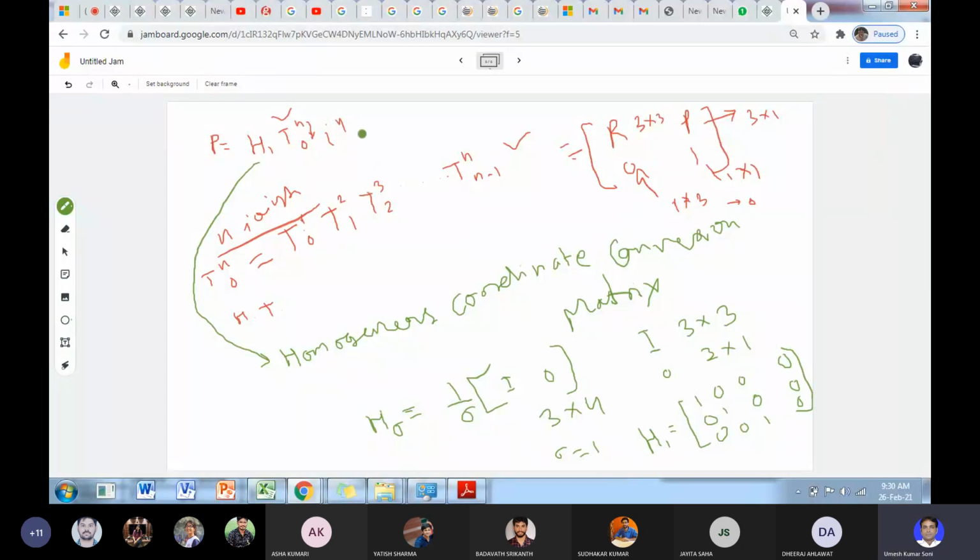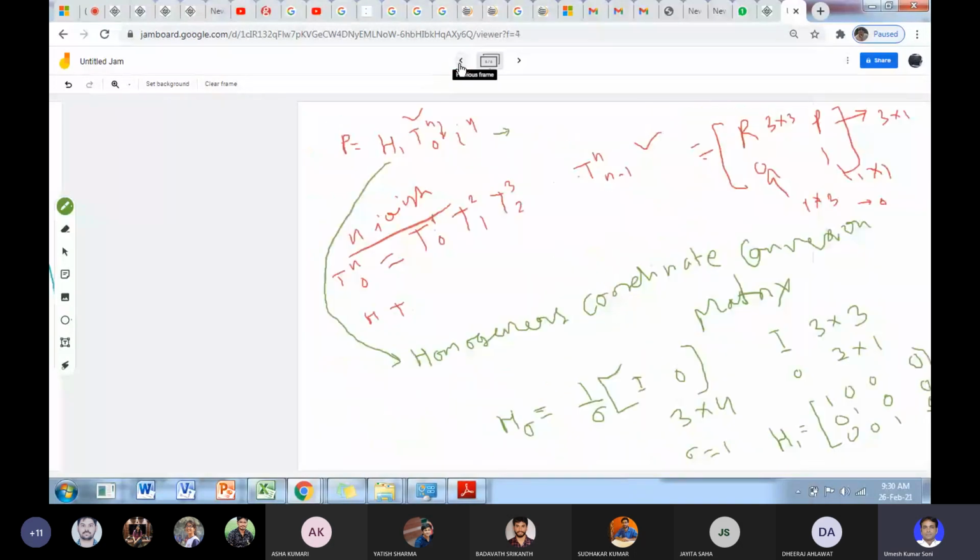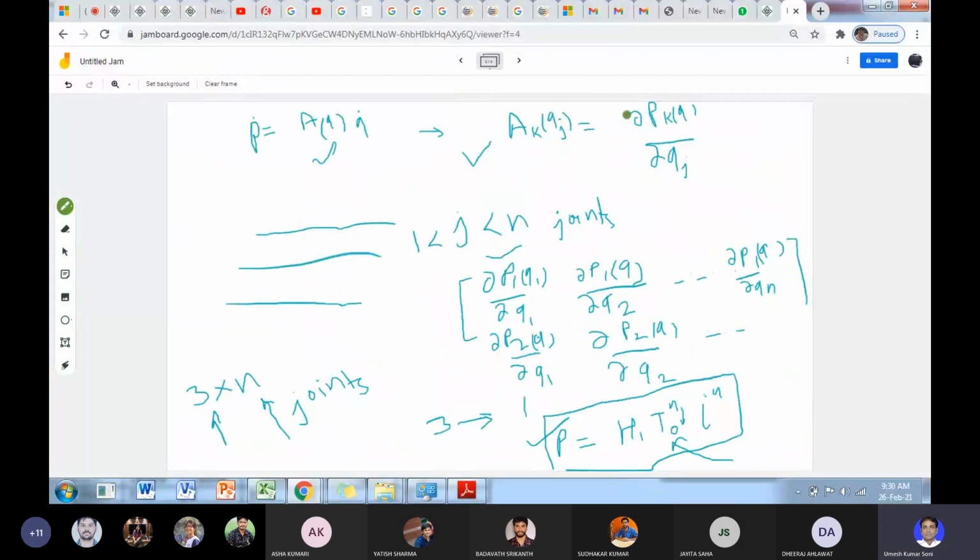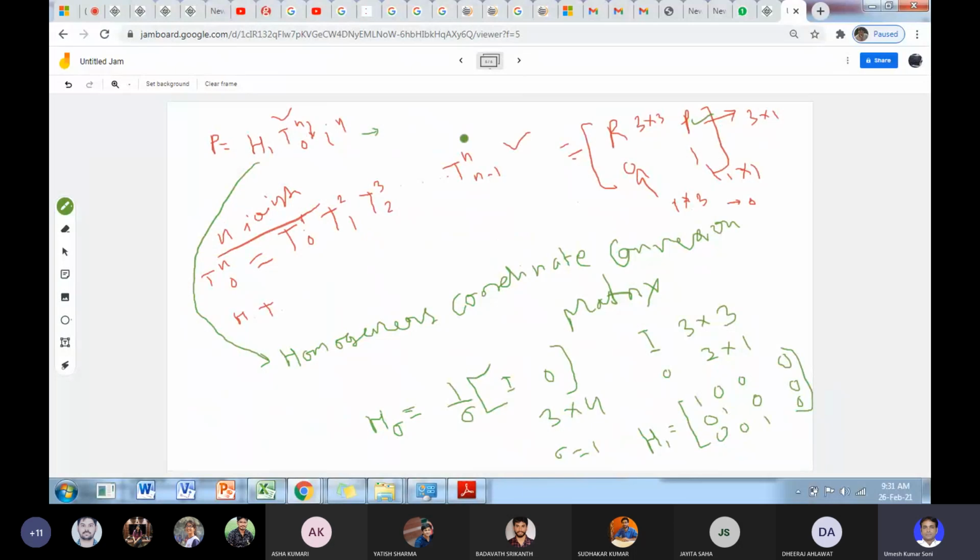Okay, one term is defined. The third term comes here. To determine this, you need this pk. You calculate the p using this complete homogeneous transformation matrix. This p is different from that p of the homogeneous transformation matrix which I was saying here. This p is calculated for getting the manipulator Jacobian.